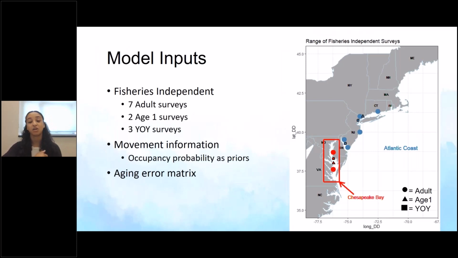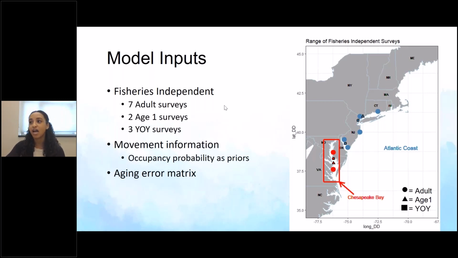Now moving into where our model is right now, and talking about some of our data inputs, starting with our fisheries independent data. This model utilizes 7 adult surveys that are indicated by the circles here on the right graph. 2 of those surveys are in the Chesapeake Bay. 5 of the adult surveys are in the Atlantic Coast region, including 2 spawning stock surveys with 1 in either spatial region.